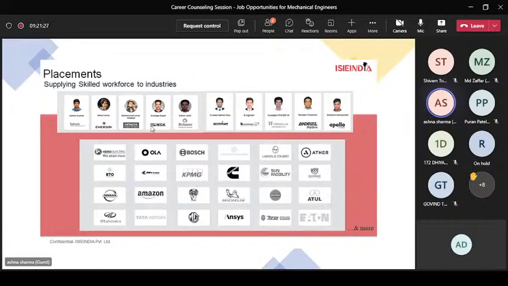These are some alumni who were placed in well-reputed organizations such as Ola, Hero Electric, KPMG, with placements up to 7 LPA or based on their performance.